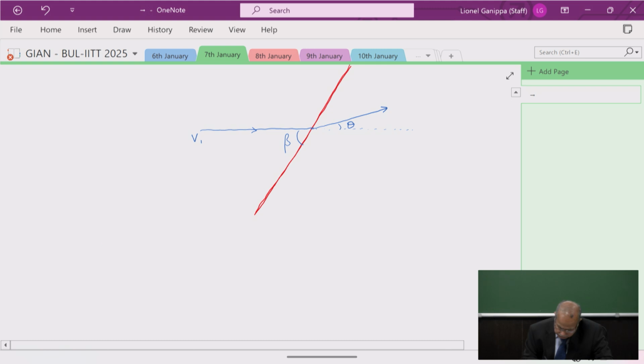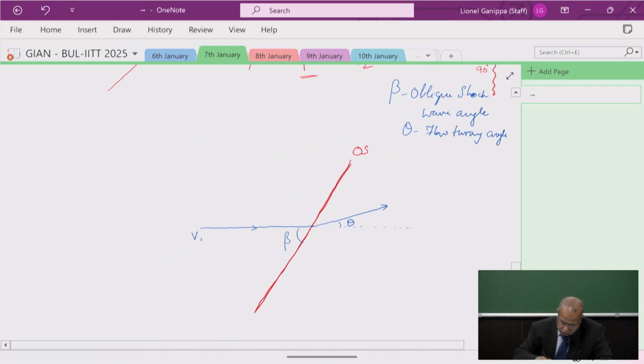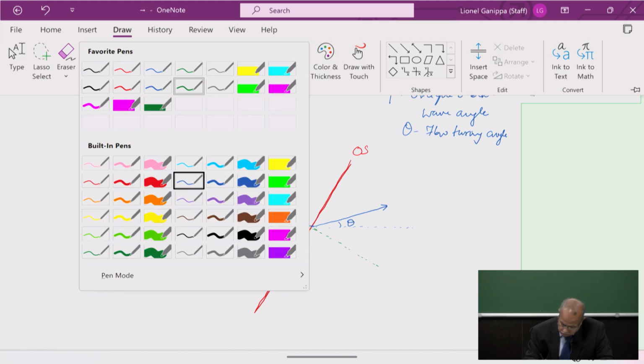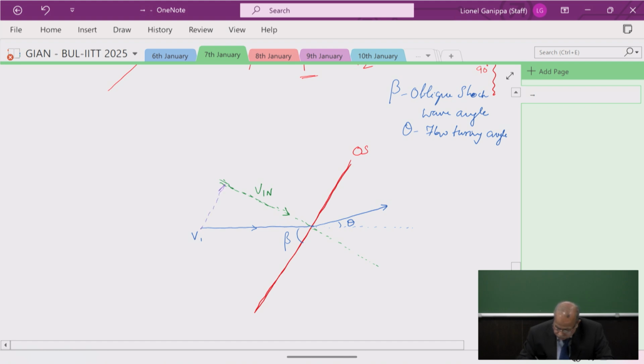So V1 will have a normal component V1n, which is V1 sine beta, and a tangential component.